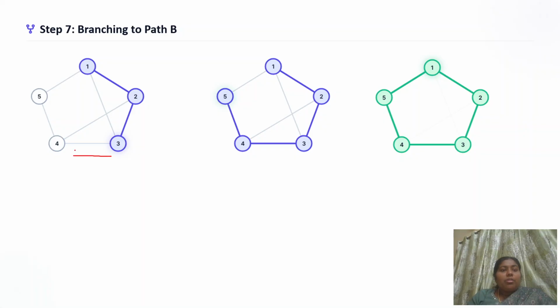Then I visit the node 4, then the node 5. From 5 we can go to 1. So this is a Hamiltonian circuit that we get here. This is the concept of the Hamiltonian circuit problem.